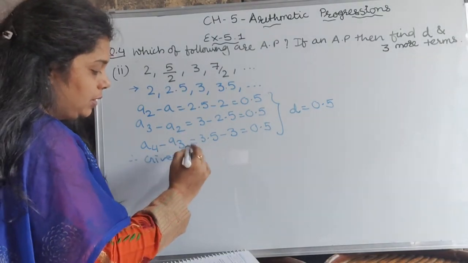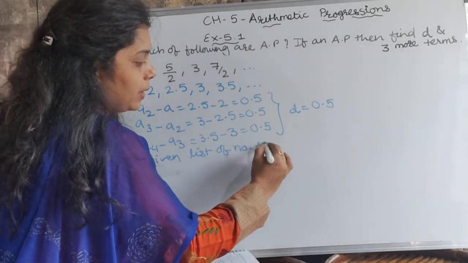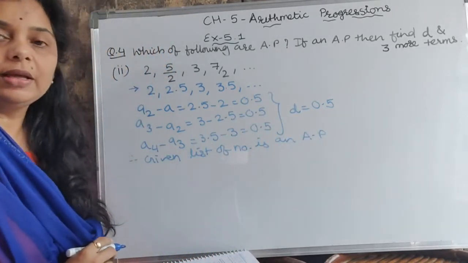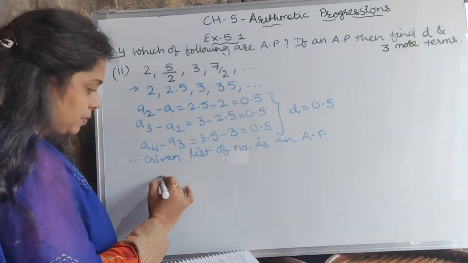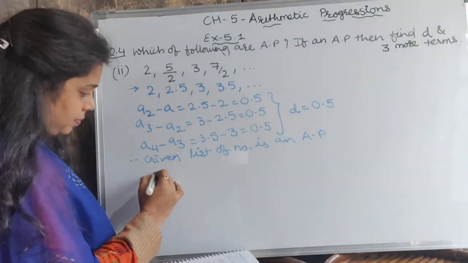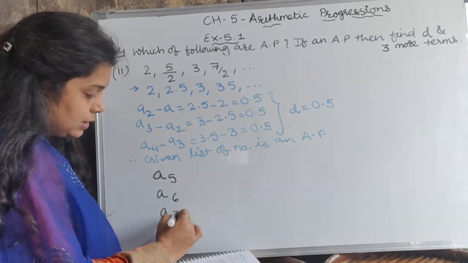the given list of numbers is an AP. If it is an AP, then we have to move ahead to find out A5, A6 and A7.